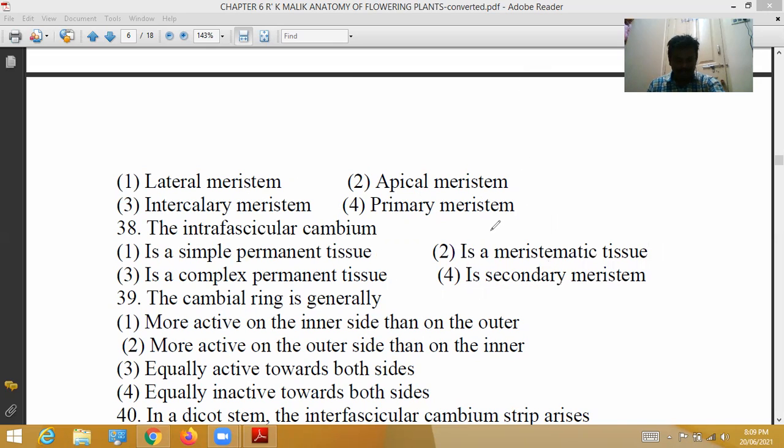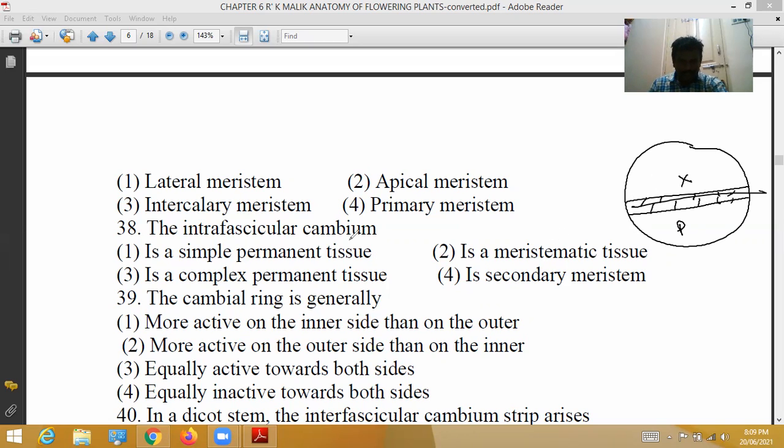Next, 39th question. The cambial ring is generally... See, what does cambial ring mean? See here, xylem, phloem. In this, it is the cambial ring.